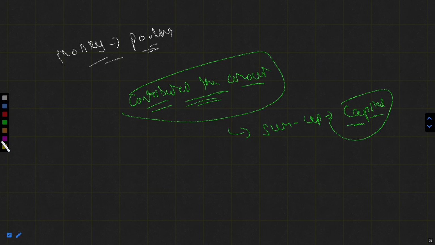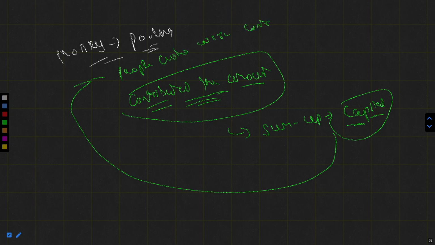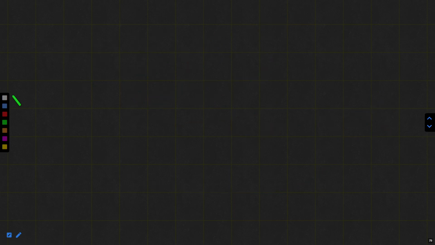Okay, and this capital will be used to provide the contributors banking services at their own demands, but subject to the RBI and NABARD. Got it? So, as I had told you, this is the XYZ. Okay, this is the people's group.